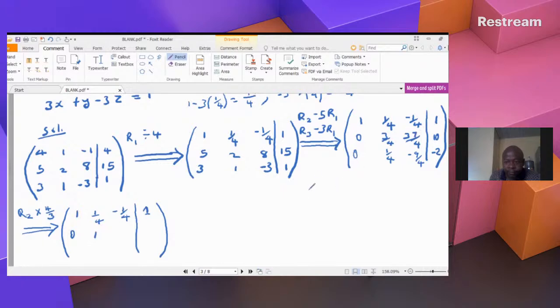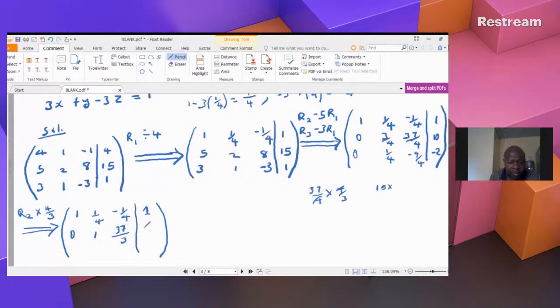What about this? This was 7 out of 4. So I just multiply by 4 out of 3, and the 4 cancels. I'm left with 7 out of 3. What about 10 multiplied by 4 out of 3?